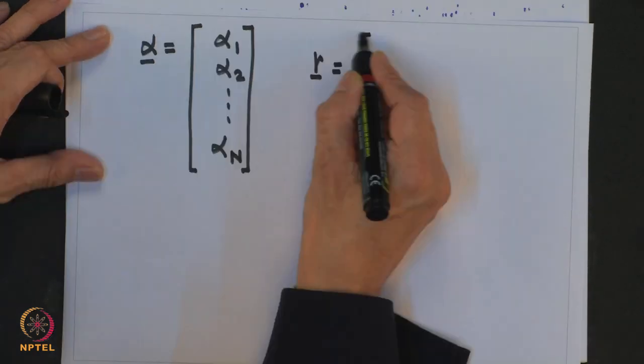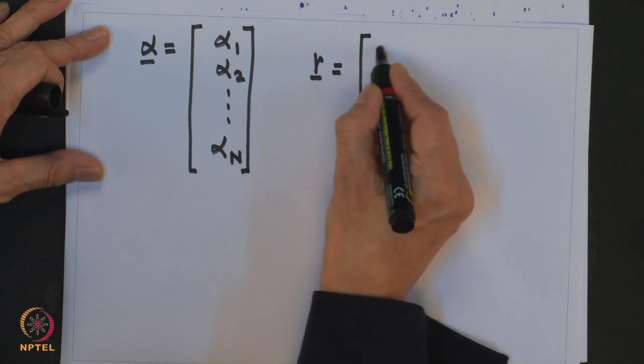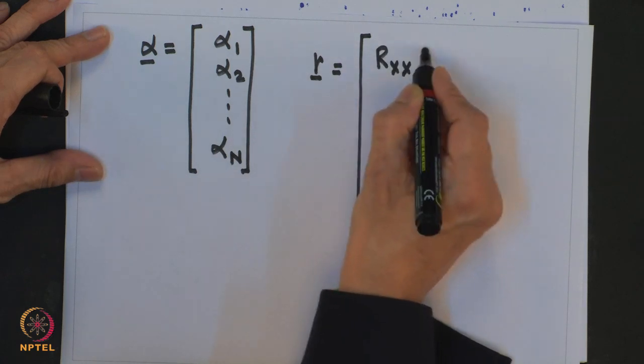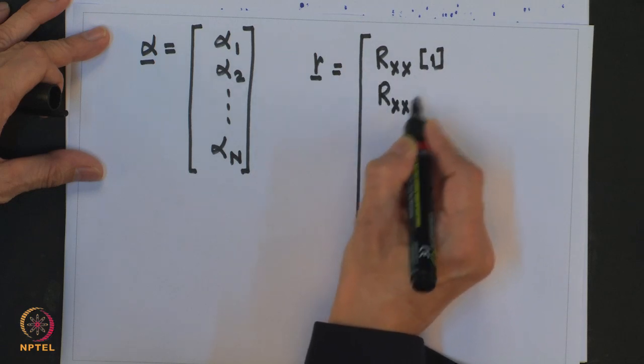Your alpha is a weight vector, your small r vector is autocorrelation elements.